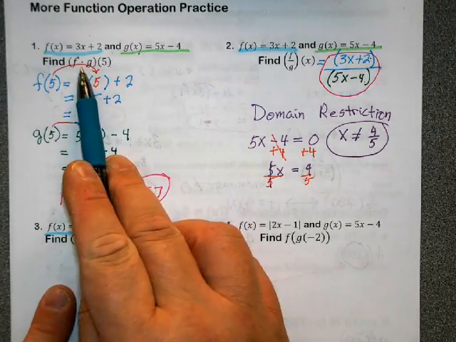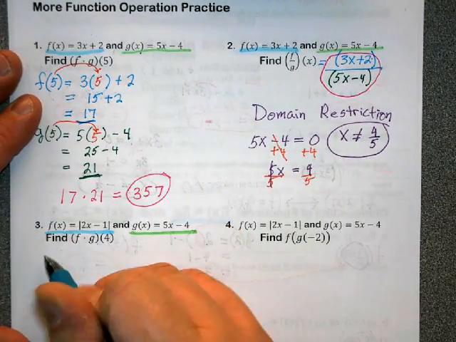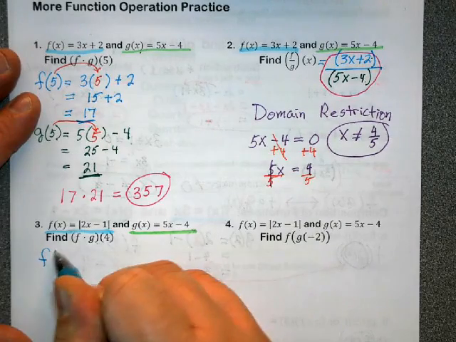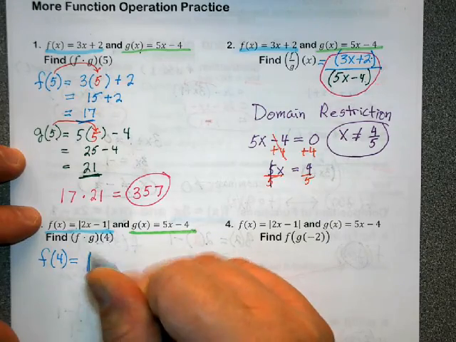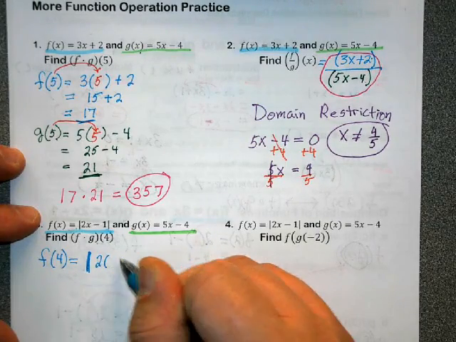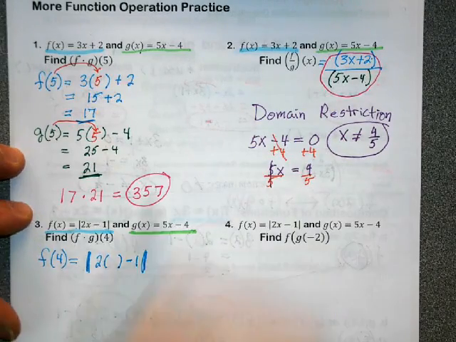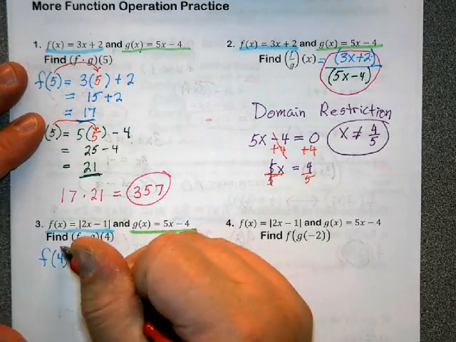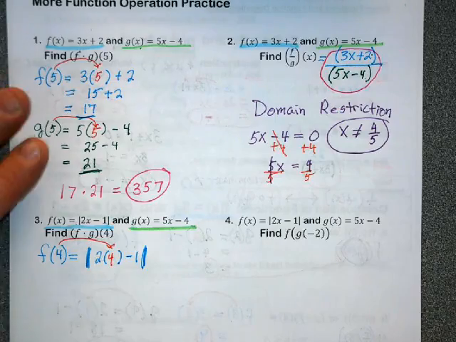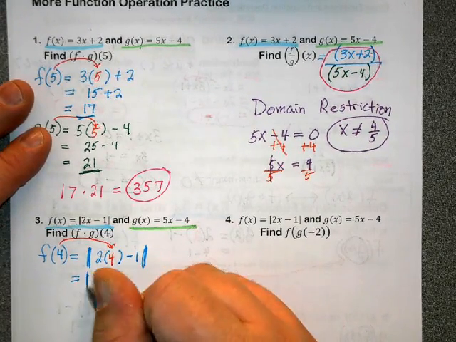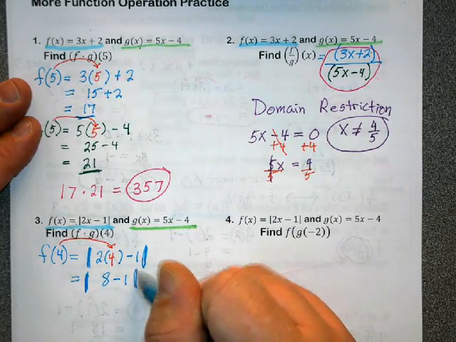Okay, so my f function is the absolute value of 2x minus 1. Substituting in 4 for my x, this equals the absolute value of 8 minus 1, the absolute value of 7, which is just 7.